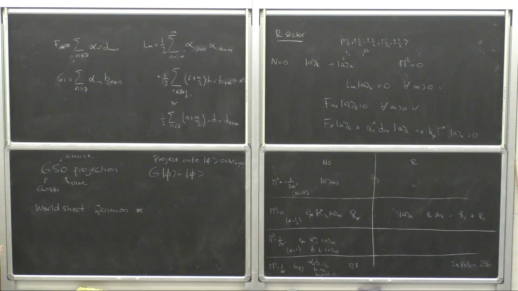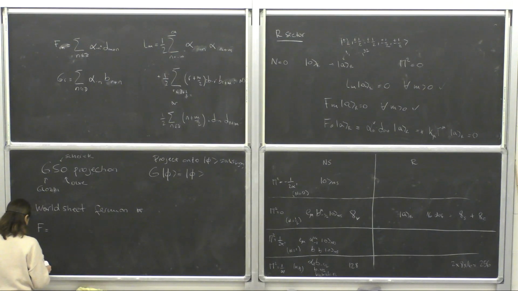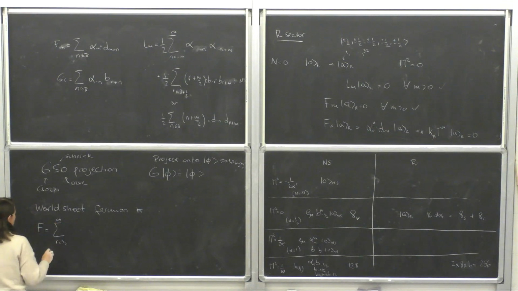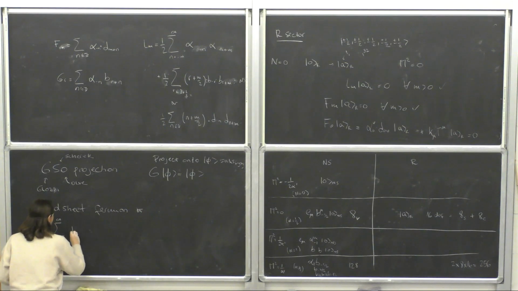So the worksheet fermion number, which is F, is defined similar to the N, but I don't put B mu minus R, or contraction, BR.